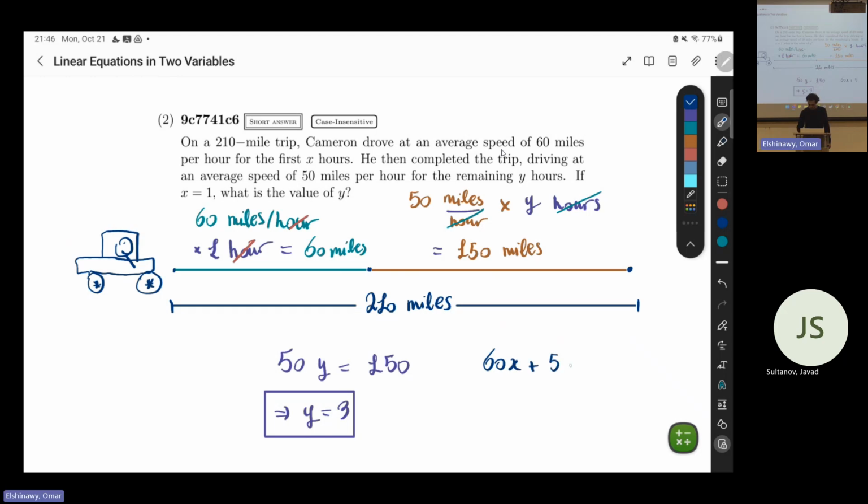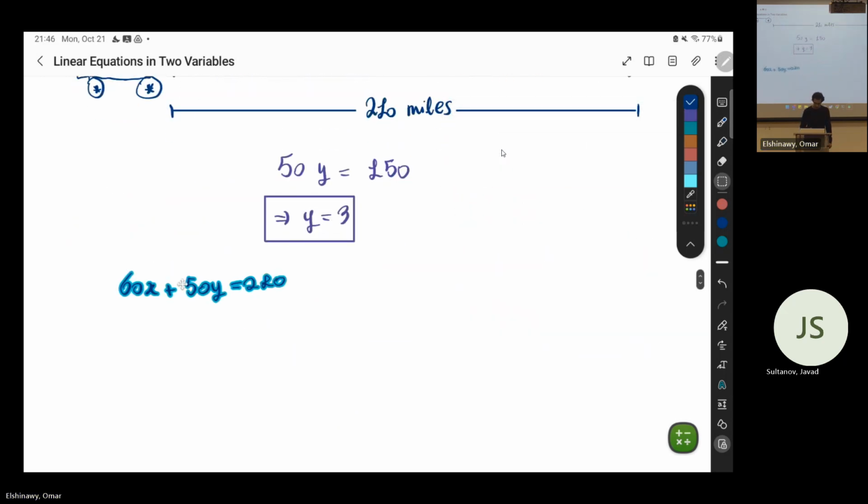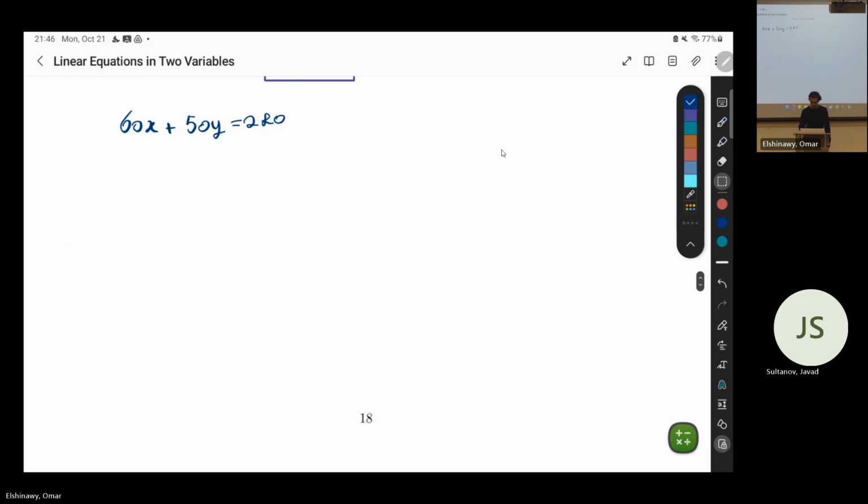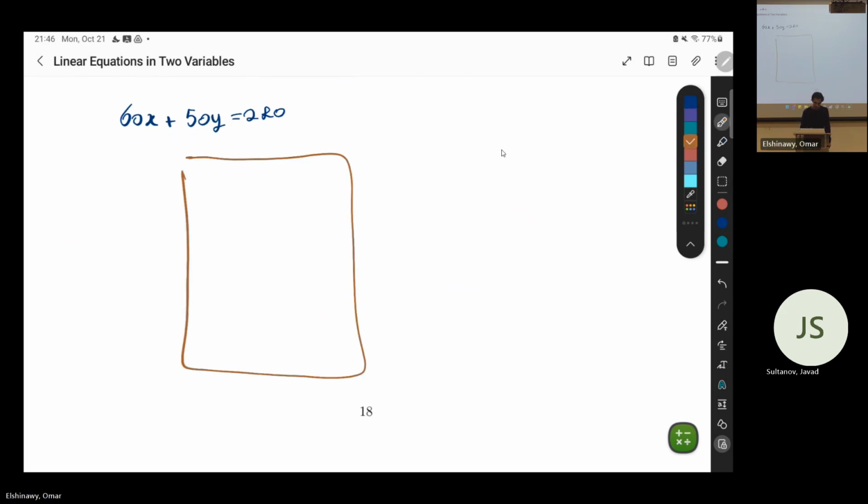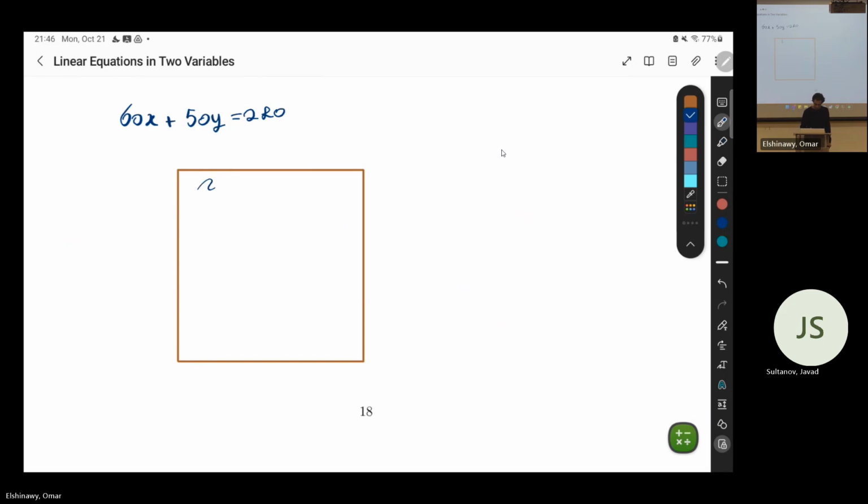60x plus 50y is 210. You can do this if you also think about this invoice kind of thing I was talking about. It's like you have an invoice. We're going at 60 miles per hour for 1 hour, and then at 50 miles per hour for y hours, and the total is 210.